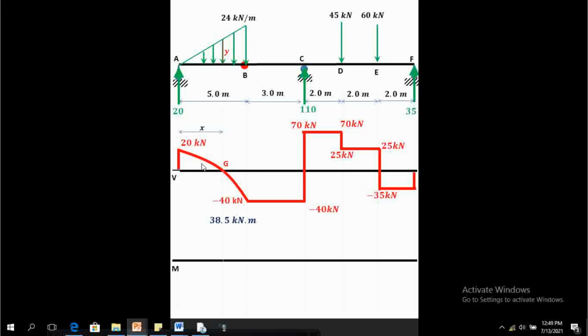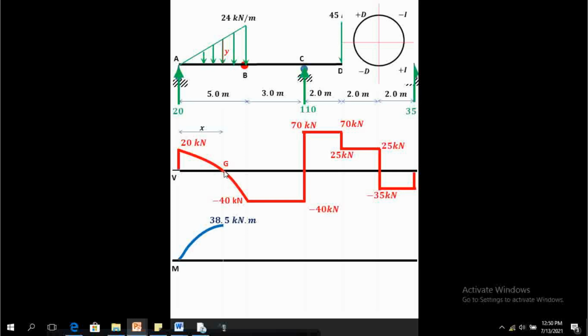Positive kasi nasa taas. From 0 to 38.5, ano yung magiging itsura ngayon ng curve ko? So, 38.5. Since this is 20 to 0, that is decreasing. Since nasa taas siya, positive decreasing, ang magiging itsura ng curve ko is concave downwards. So, ganyan yung magiging itsura niya.